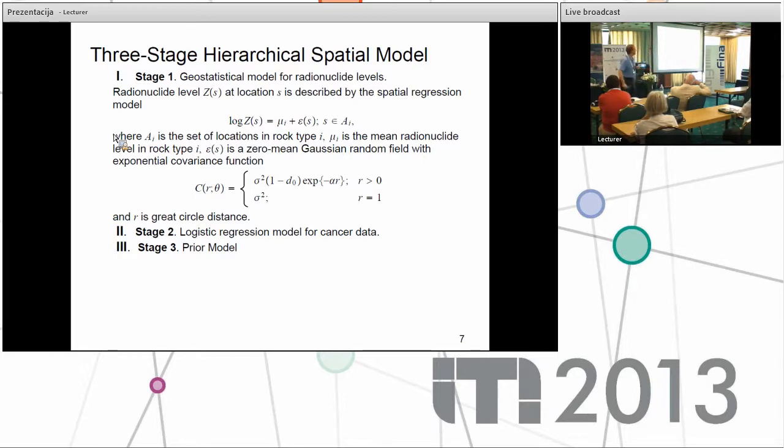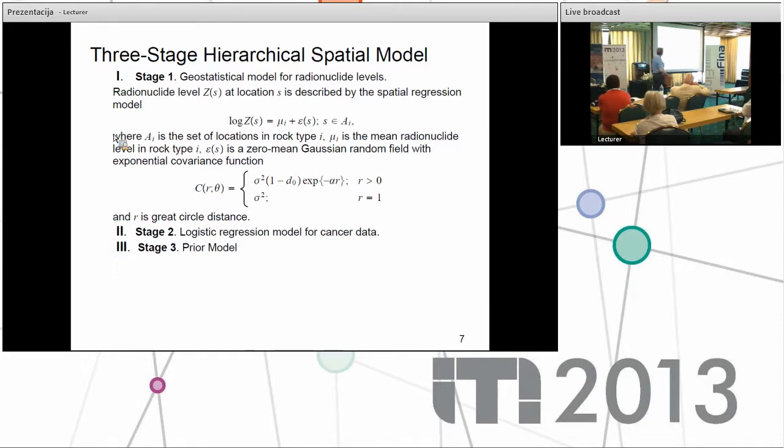I'm going to describe a little bit about the stages. What we have is a geostatistical model for the radon levels, where Z is the radionuclide level written as a function of location S. Throughout my slides, S is essentially shorthand for the XY coordinate of the site.